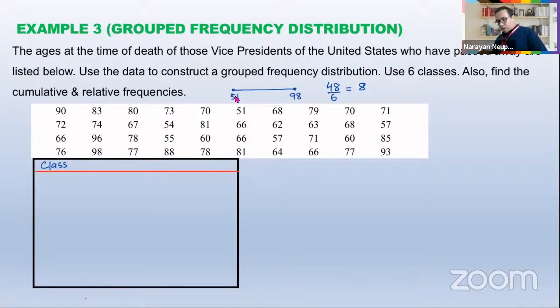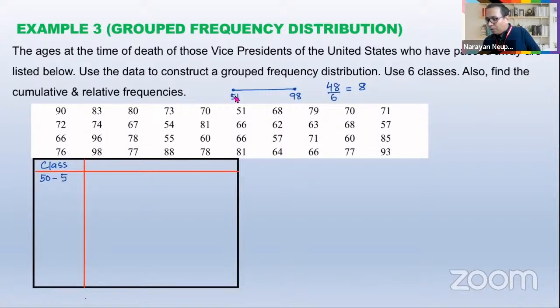So we start at 50, and if I want to include 8 of them, what will be the next number? 50 up to 57.